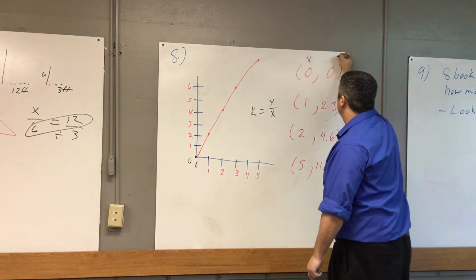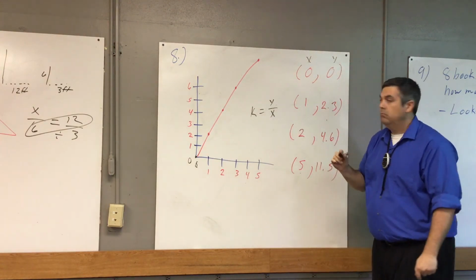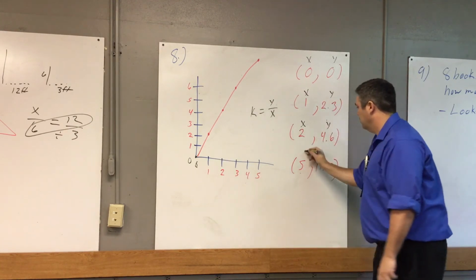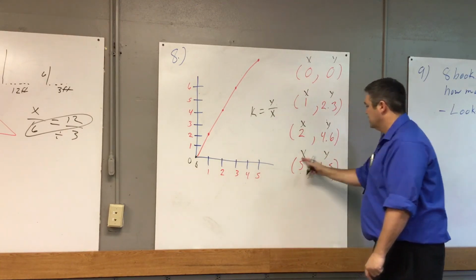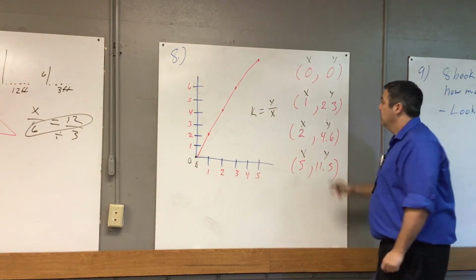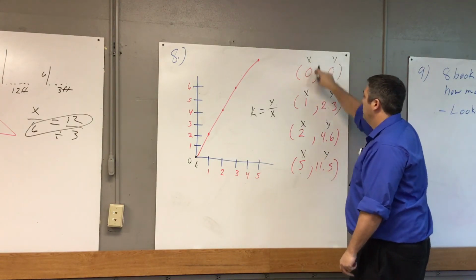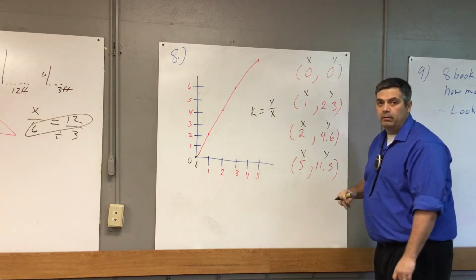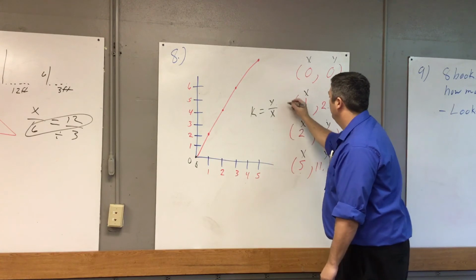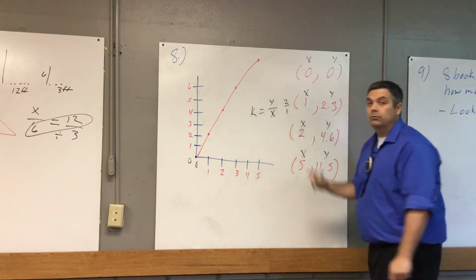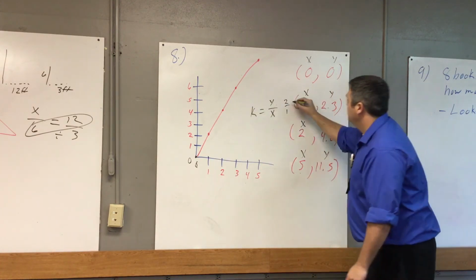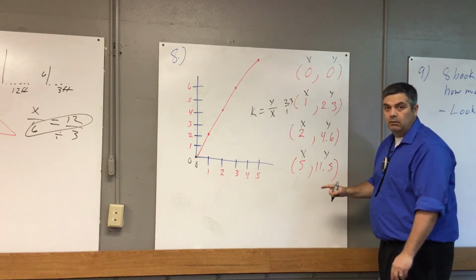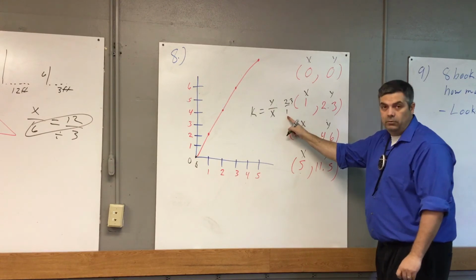Remember, these are your x's, these are your y's. X, y, x, y, x, y. X before y. So you take this, 0 over 0, well that doesn't work, that's not a unit rate because the bottom number is not 1. 2 over 1, that's a unit rate. Or I'm sorry, 2.3 over 1. That's a unit rate. When the bottom number here is 1, you have a unit rate.